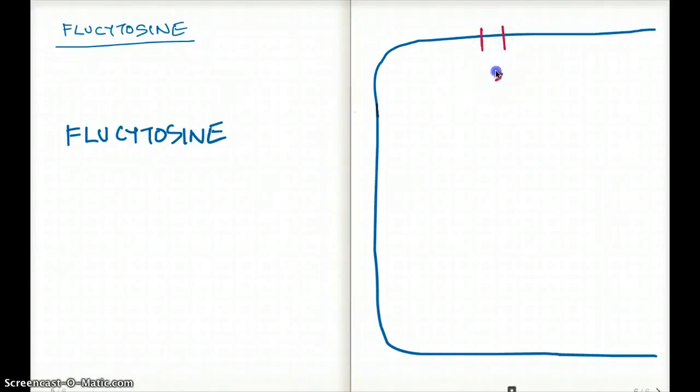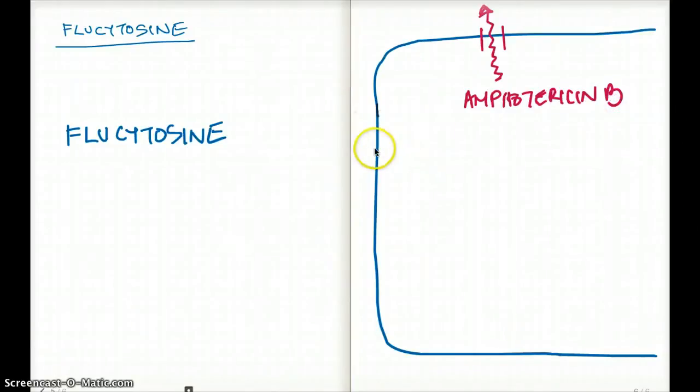There is one which makes holes in our fungal cell membrane and causes leakage of the electrolytes, and that kind of drug is amphotericin B. There is the other type, which binds to a protein called ergosterol and disrupts it, as a result causing fungal membrane damage. That drug is called nystatin.